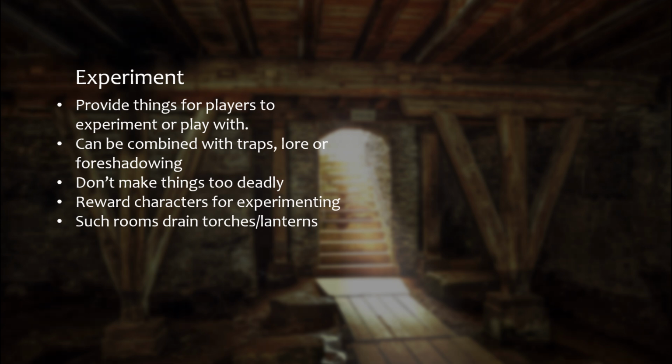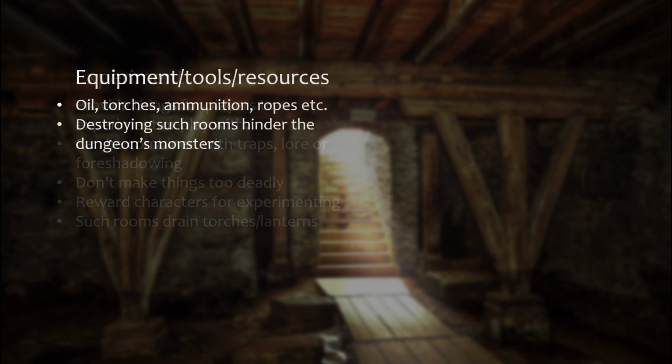Safe rooms are a way for PCs to replenish character resources such as hit points and spells, but you can also place rooms which have physical resources in them. Oil, torches, ammunition, ropes and all sorts could be found most often in storerooms. Other items which PCs may not even know they want can be found in such rooms.